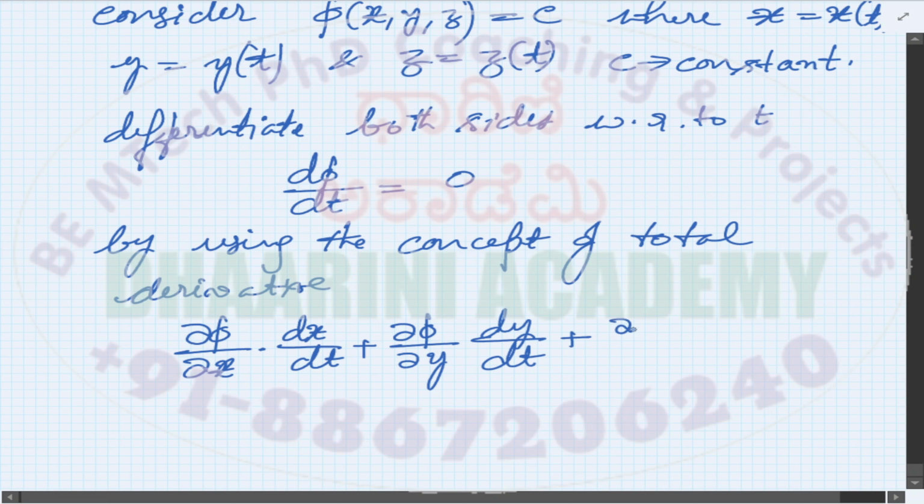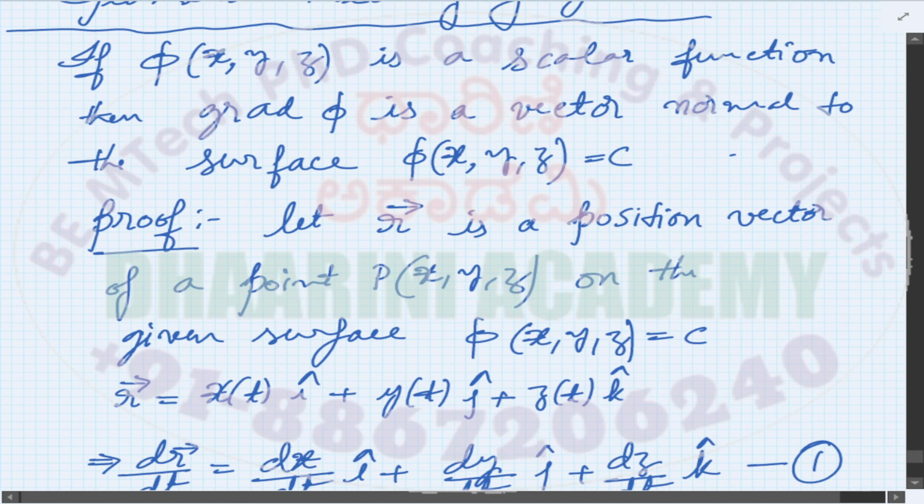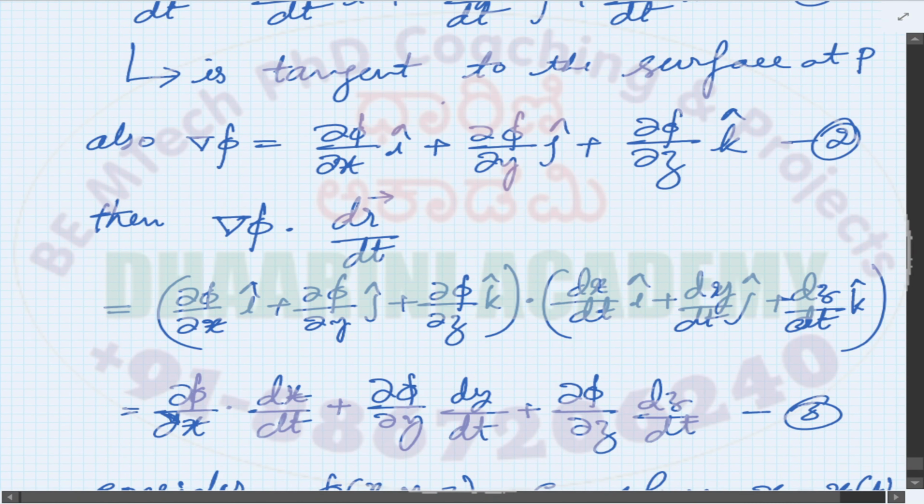Same, this is dou phi by dou z into this is dz by dt. This is the left hand side, right hand side is already given 0, so let's call this as equation number 4. So now I will go back and check the equation number 3, right?